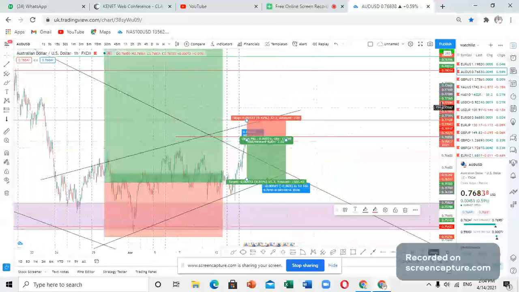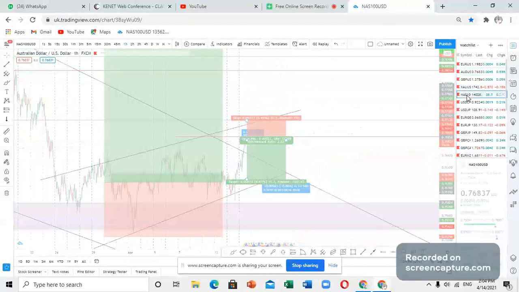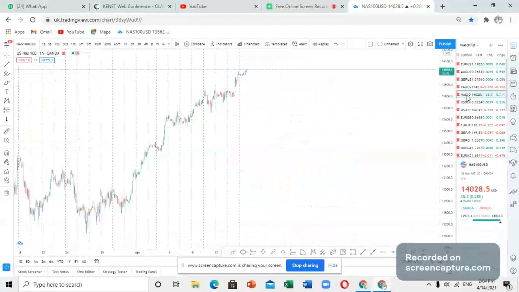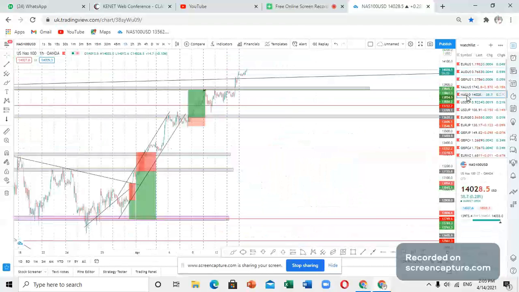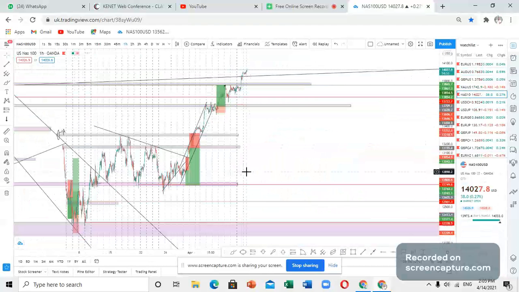So the other thing that I wanted us to analyze is an index, NAS 100 or NASDAQ. So NASDAQ decided to move against the prediction that we made yesterday.